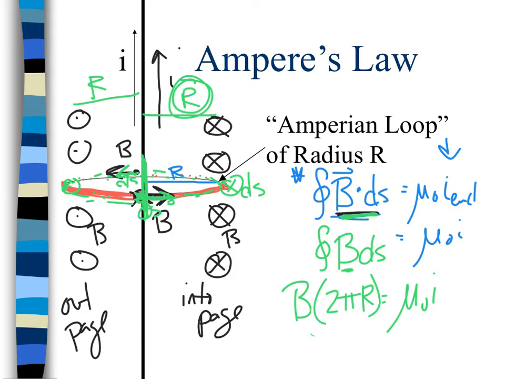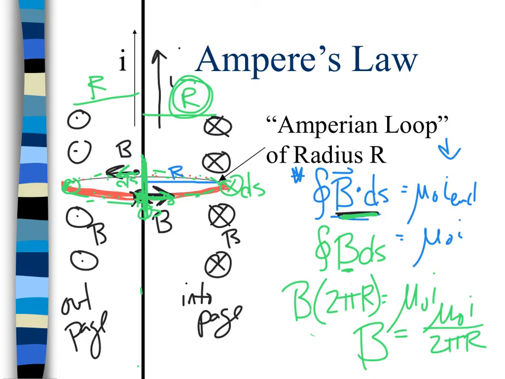And so now I have found an equation for the magnetic field strength when I have a long straight current carrying wire, and I'm a distance r away from it. My magnetic field should be equal to mu naught I all over 2 pi times r.